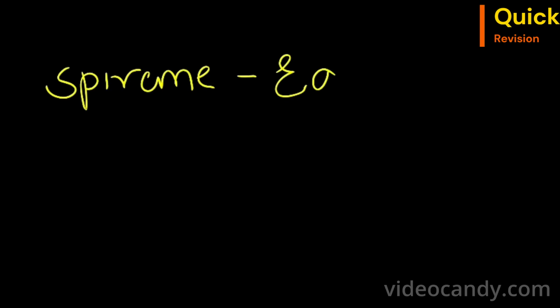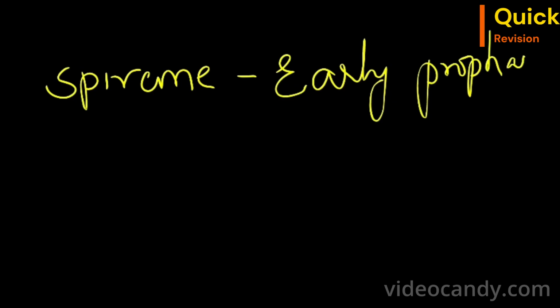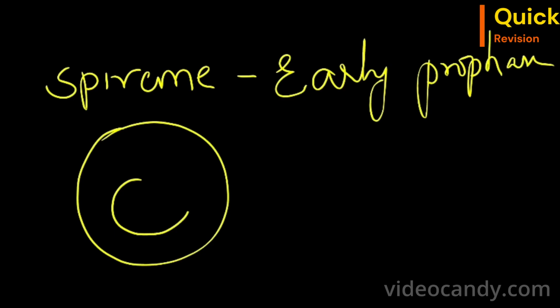To talk about the spireme stage, it is a distinct characteristic of early prophase. In early prophase we can see it. So this is the cell, then this is the nuclear membrane, right? And then we have the centrioles which are getting divided and moving. Inside this nuclear membrane, the chromosomes are overlapping.